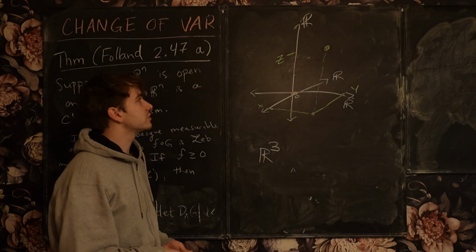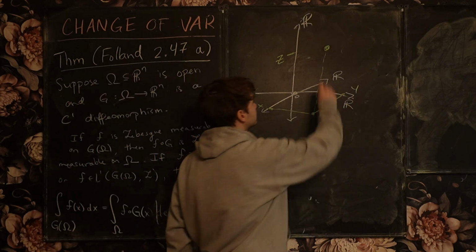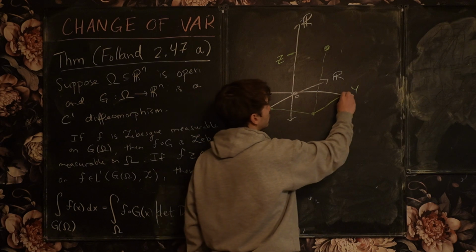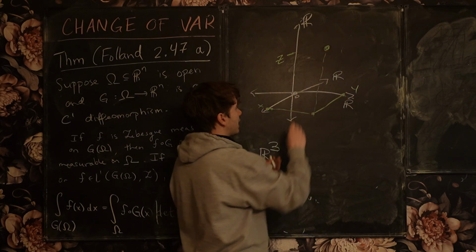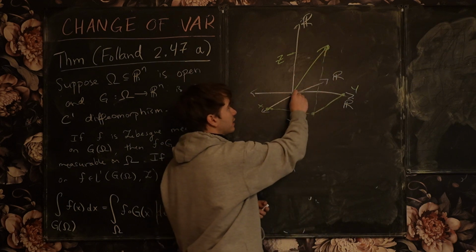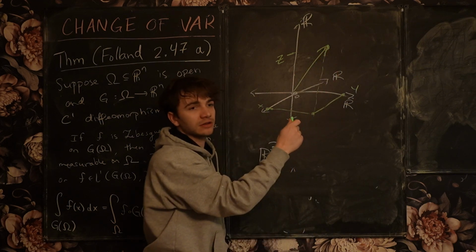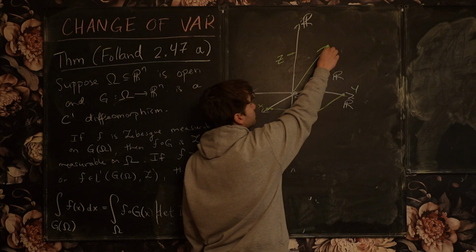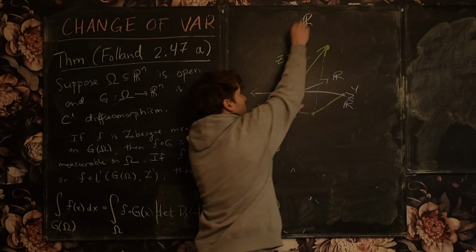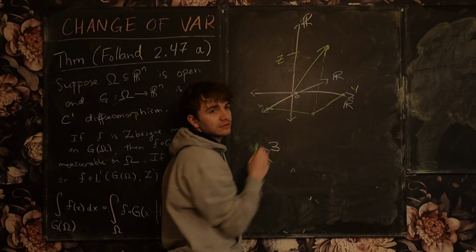So basically, to understand where this point is, I need to describe the projection of this vector here. Create a vector from the origin to this point. Now take this vector, project it onto this real line. When you project this vector onto this real line, you get the height.